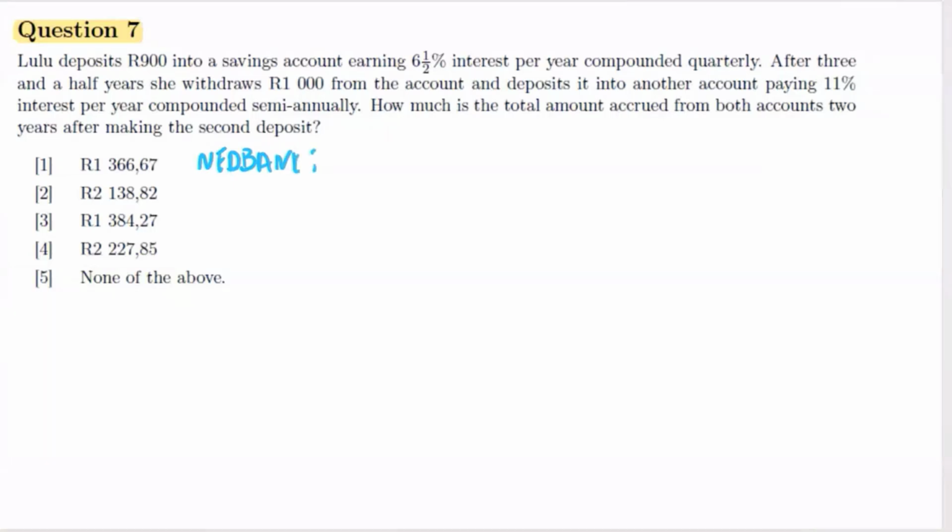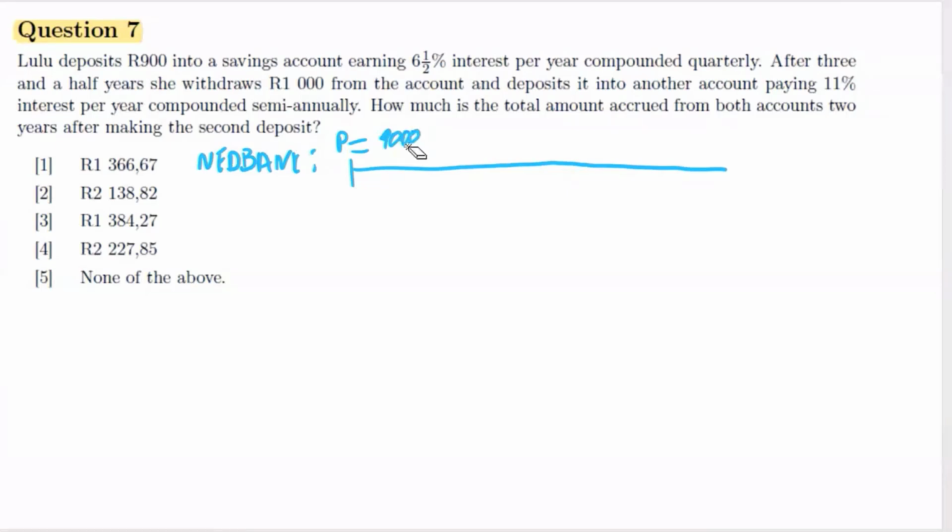She goes and deposits. She deposits an amount which is equal to 900. I'm saying 9,000.